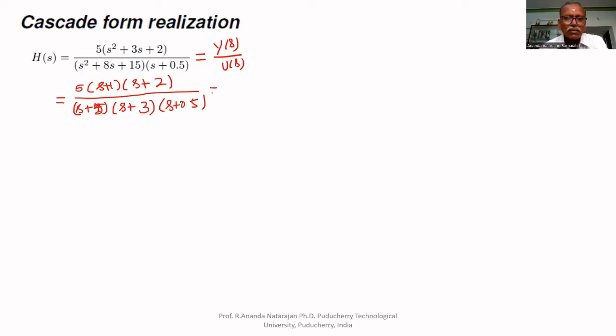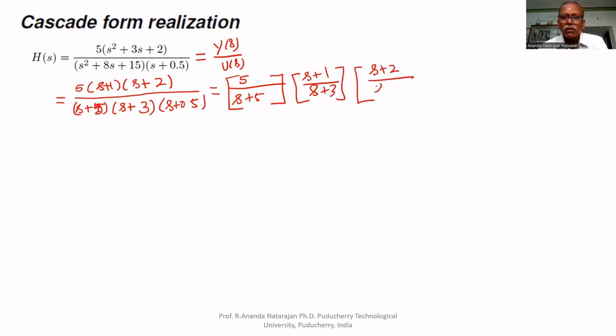This can be written as a cascade of 3 transfer functions: 5 upon s plus 5, s plus 1 upon s plus 3, s plus 2 upon s plus 0.5. We have to realize these 3 transfer functions separately, and we have to cascade.